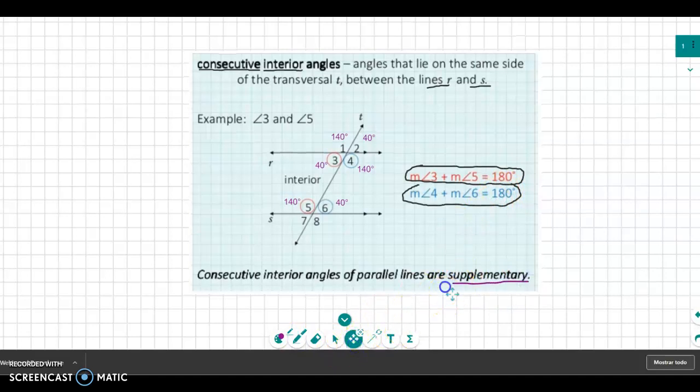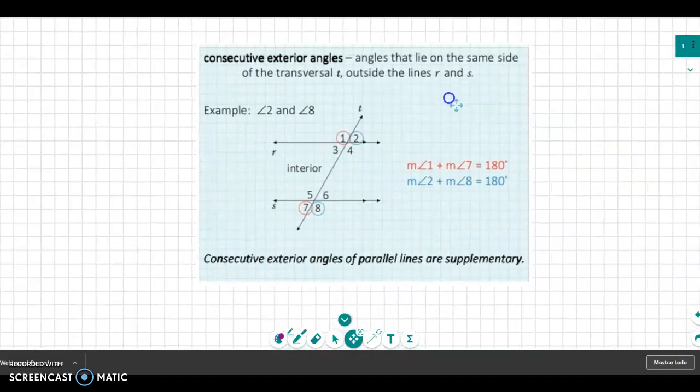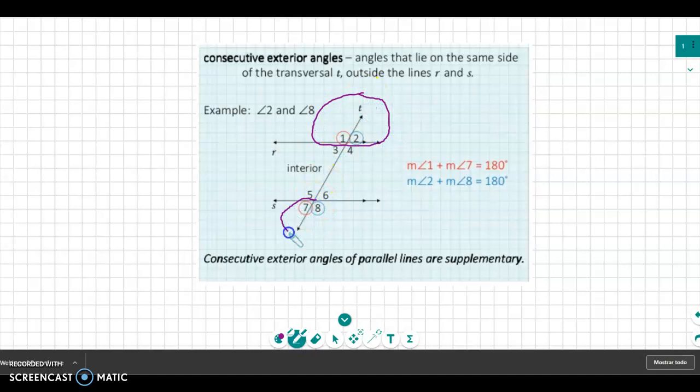All right, very good. The next type of angles are consecutive exterior angles. This is the same as interior angles, but now they are outside, on the same side of the transversal, but outside the lines R and S. So we are in this zone, outside the parallel lines. We have angle 1 and angle 7, outside the parallel lines.